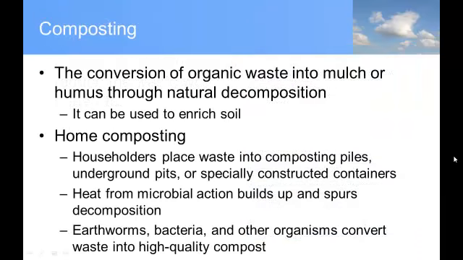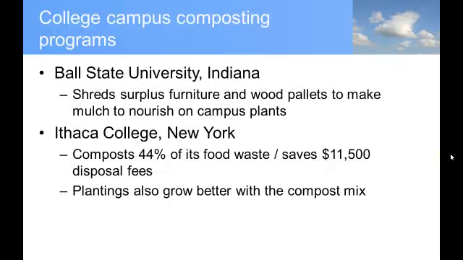Composting is the conversion of organic waste into a mulch or humus that can be used as a fertilizer for soil. People can compost their food waste and their yard waste in their homes and then use that in their gardens for fertilizer. College campuses are encouraging composting in places like Ball State University in Indiana and Ithaca College in New York.